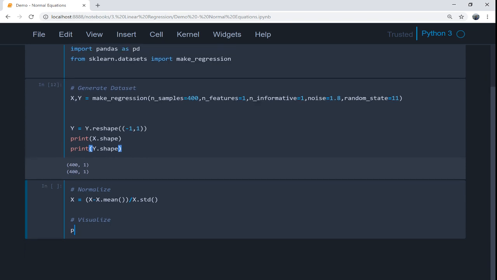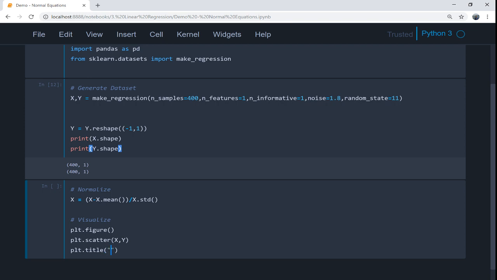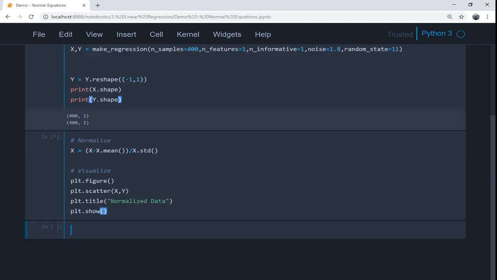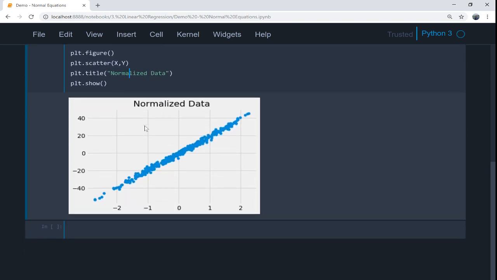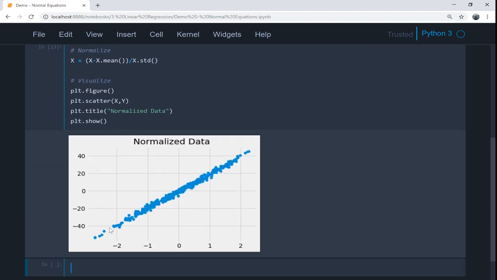Let's create one figure, scatter x and y, give it the title normalized data, and call the show function.